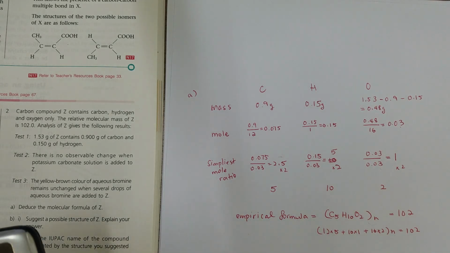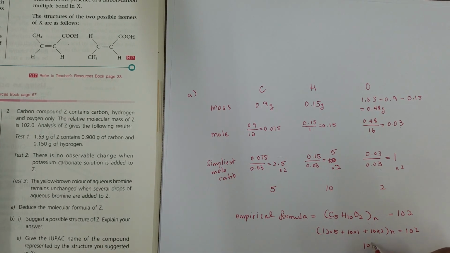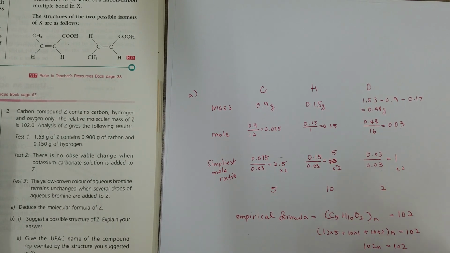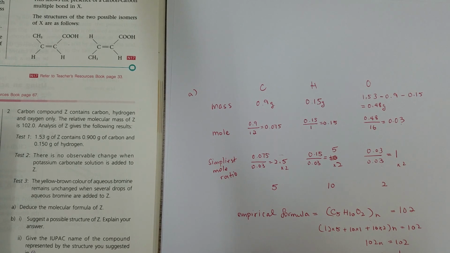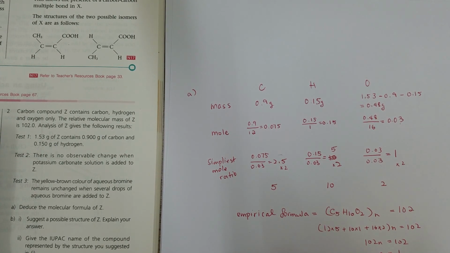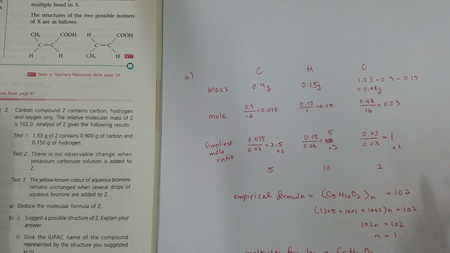So after calculating 12 times 5 plus 10 plus 16 times 2, we will get 102N equals to 102. So therefore N equals to 1. Molecular formula equals to C5H10O2. Okay, so that's how we get 4 marks, or maybe sometimes 3.